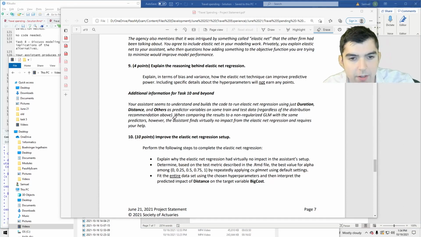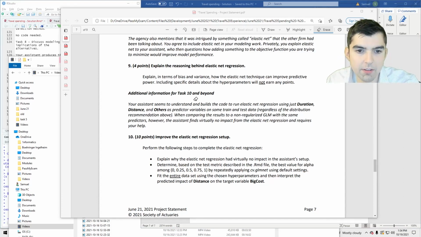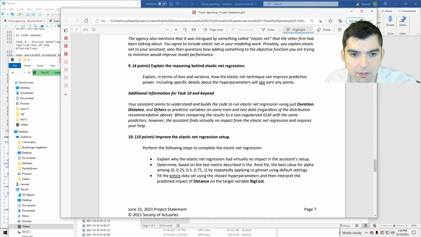Additional info for task 10 and beyond. Your assistant seems to understand and builds the code to run elastic net regression using duration, distance, and others as predictor variables on some train and test data, regardless of the distribution recommendation above. When comparing the results to a non-regularized GLM with the same predictors, however, the assistant finds virtually no impact from the elastic net regression and requires your help.